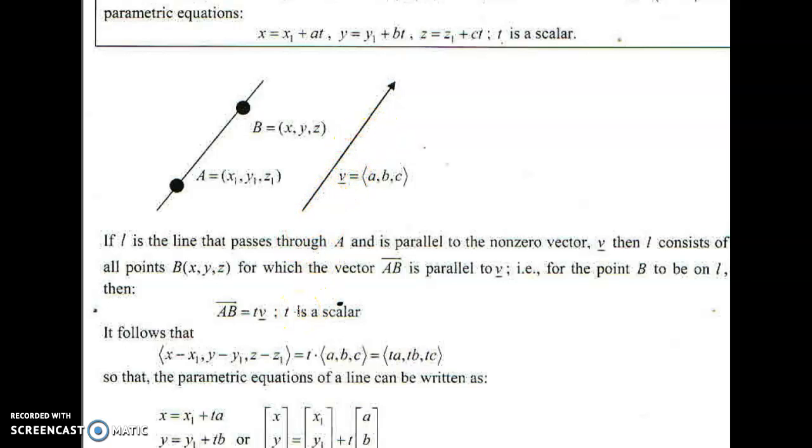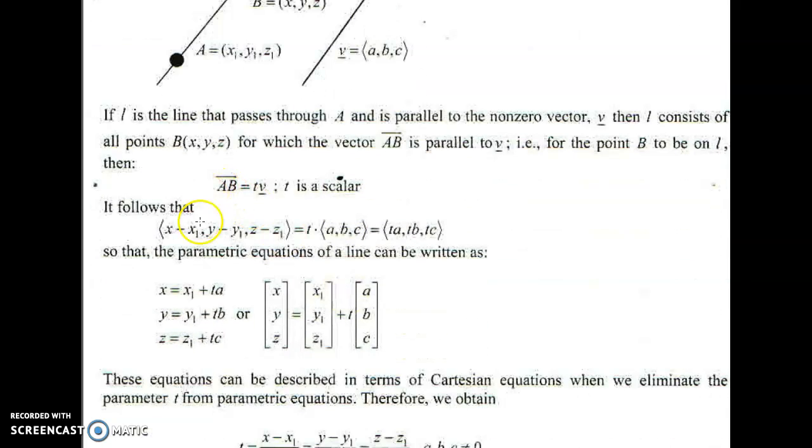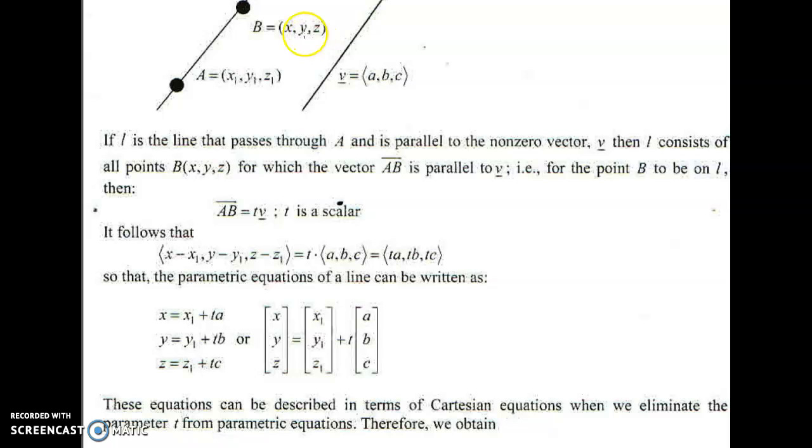Now we expand it. Vector AB consists of x minus x1, y minus y1, and z minus z1. This is how they obtain this. As for tV, t is a constant so it remains like that, times V, which consists of a, b, c. If you expand it, you get ta, tb, tc.